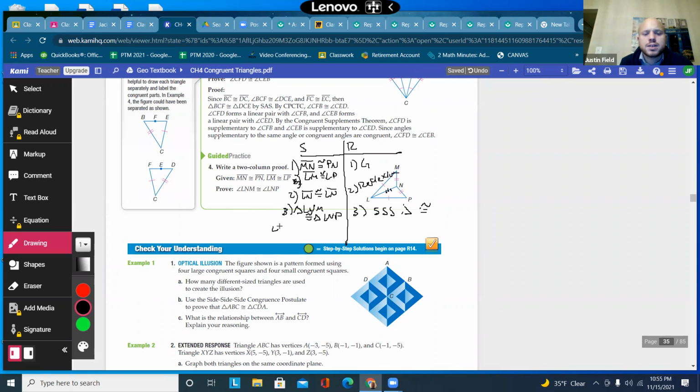Since the triangles are congruent, I can say angle LNM is congruent to angle LNP. And the reason is they're corresponding parts of congruent triangles. So CPCTC. You only say CPCTC after you've said the triangles are congruent. All right, I will see you in class.